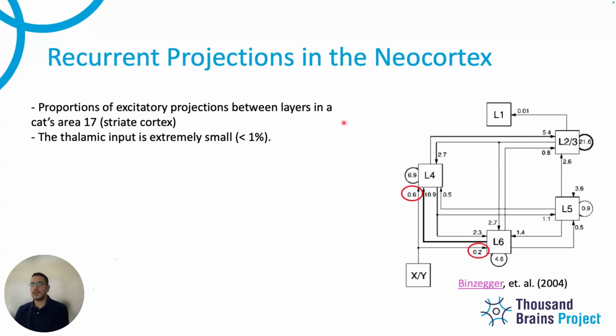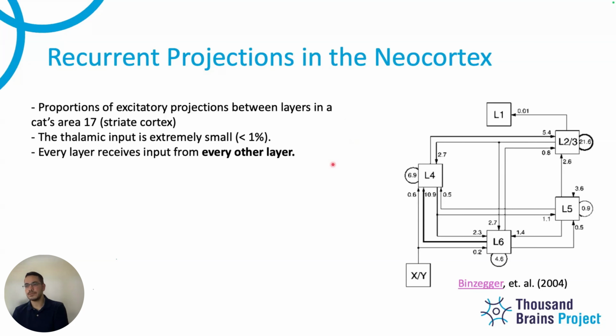But anyway, every layer here receives some input from every other layer. Yes, there are more dominating inputs or projections between some of the layers, but if you just look here, all of them receive inputs from all the other layers. Layer 1 has, I think, mostly interneurons, which is not covered by this figure.